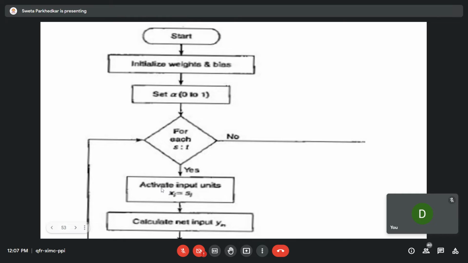So we need to give an activation function. Suppose we take a bipolar activation function. It will imply whether the predicted input is similar to the actual input. If yes, then it will calculate the net input y_in.